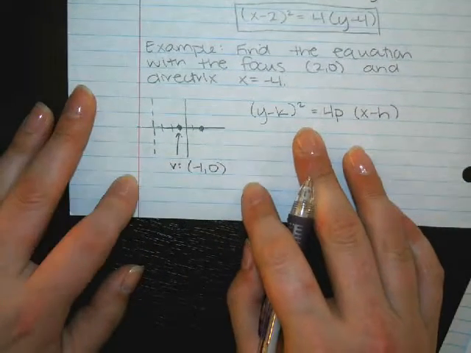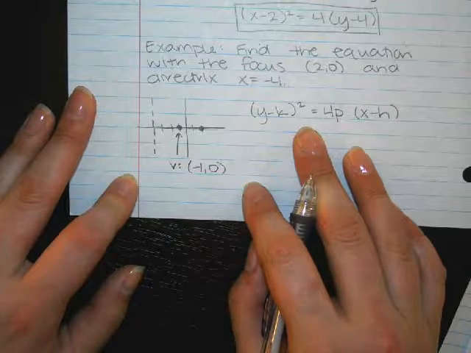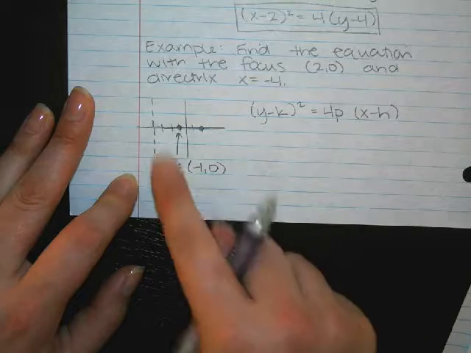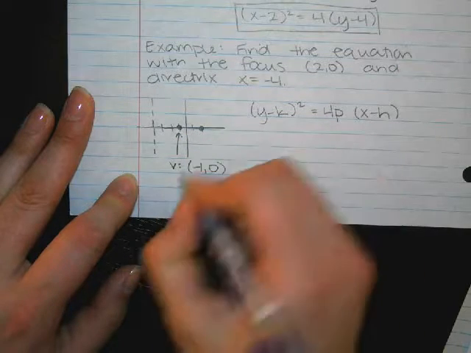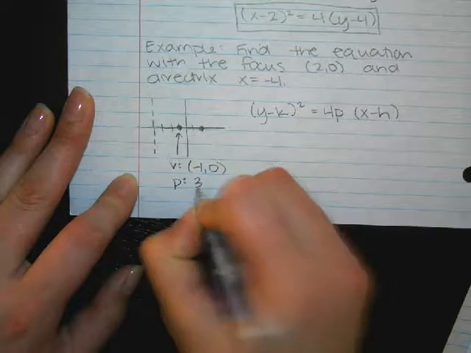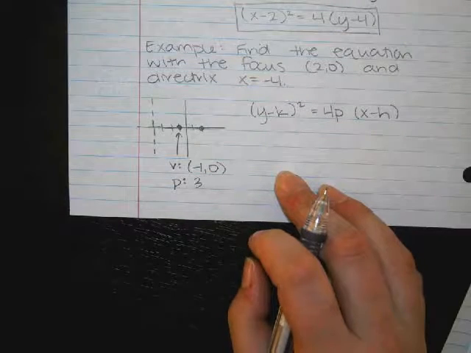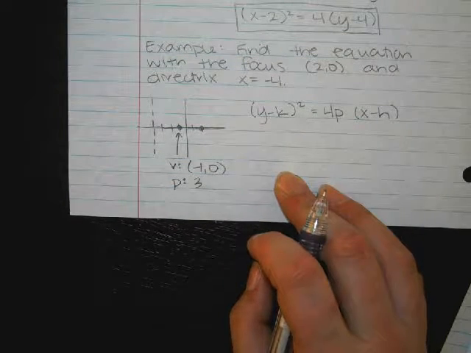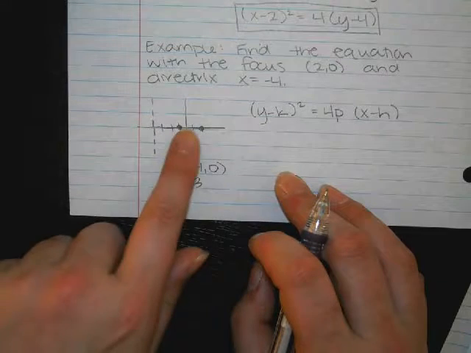And if the vertex is (-1, 0), what's the p value? The p value is 3. Remember, the p value is how far the focus is from the vertex, or how far the directrix is from the vertex. So we have a p value of 3. You can see 3 on either side.